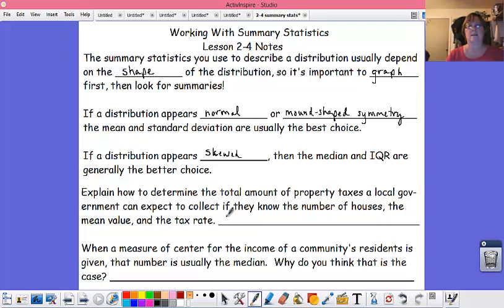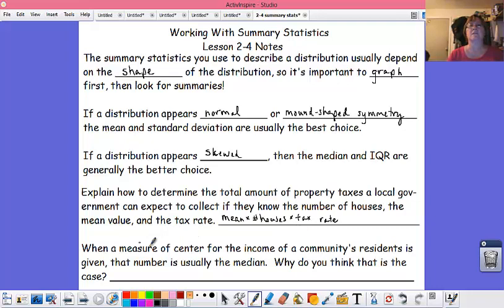Well, it seems like they'd multiply the mean times the number of houses, so that would get you the average value of a house, and then multiply by the tax rate to estimate how much tax you would actually take in. So the mean would be the secret there. Number of houses times the average value per house times the tax rate would tell them that.